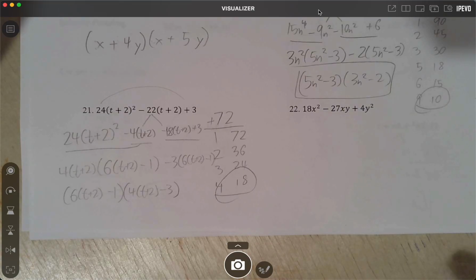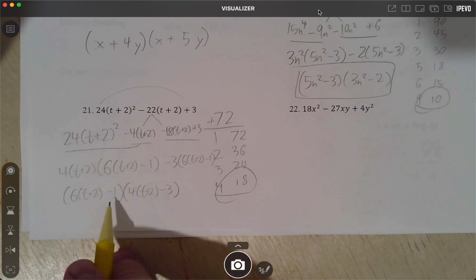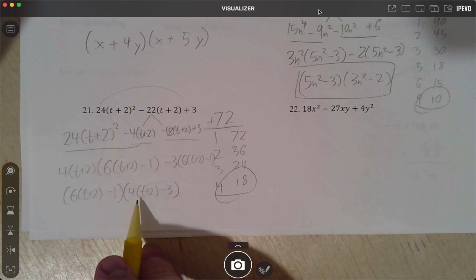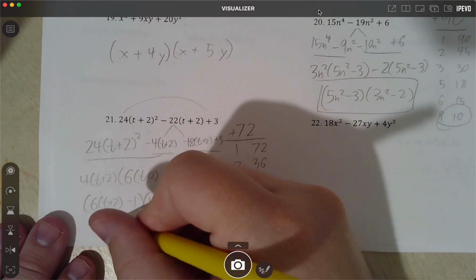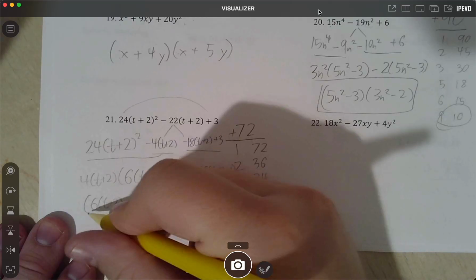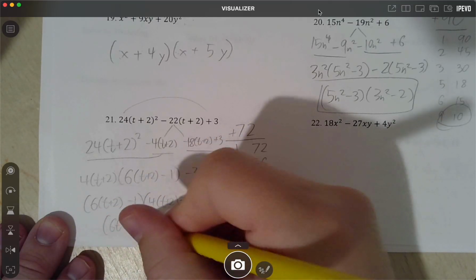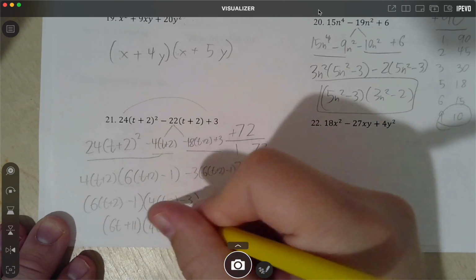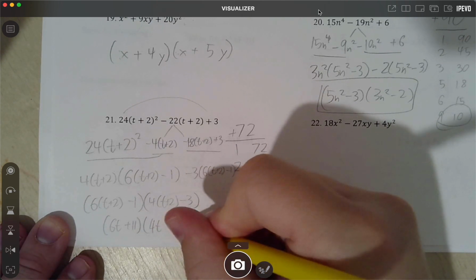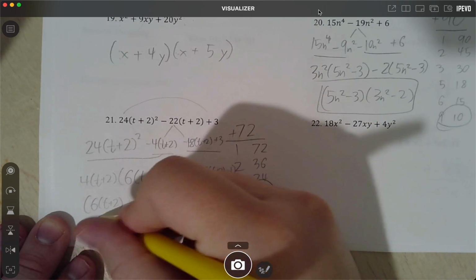Now your last step is you should technically distribute that 6 to this inner part, the 4 to this inner part, and let's see what we get. If I do that, 6 to that inner part will be 6t plus 11. Careful. That'll be 4t plus 5 if you work that out.